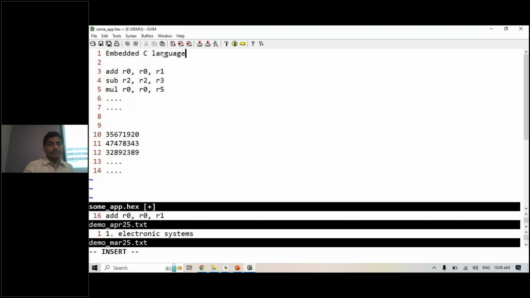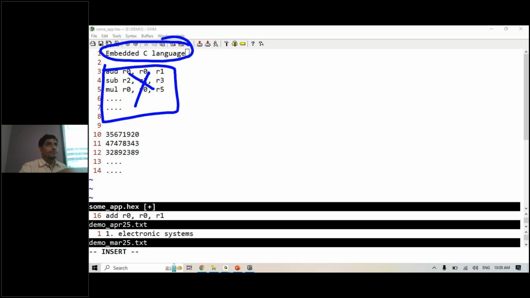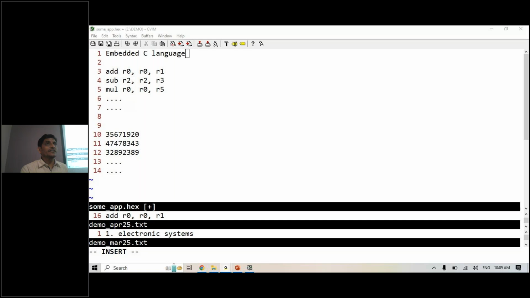I won't even develop in this format, because doing it at assembly level is more difficult. I would rather do it in embedded C language. There will be compilers, ARM compiler, x86 compiler, specific to the processor you are using.